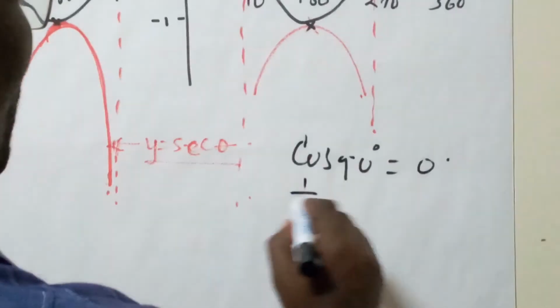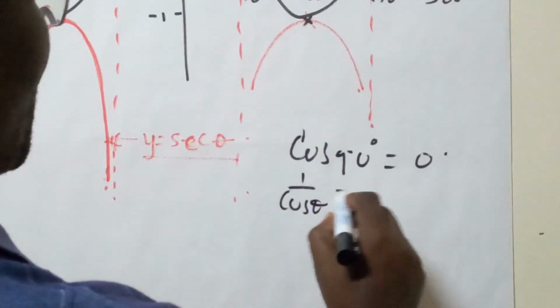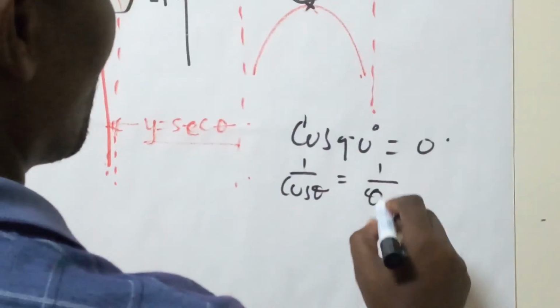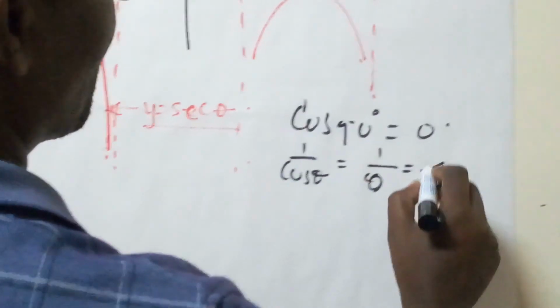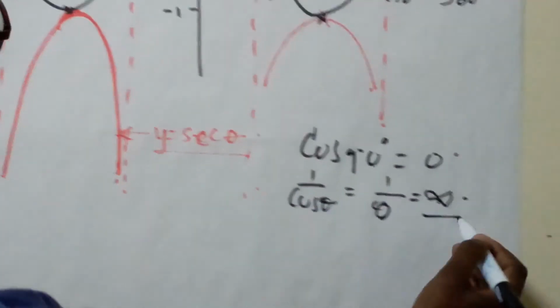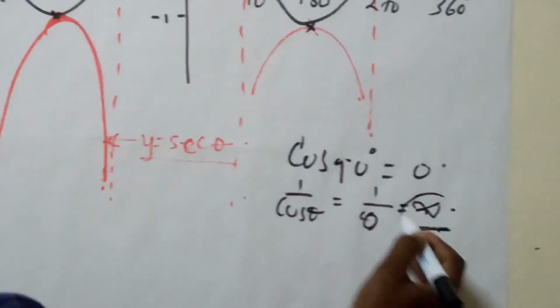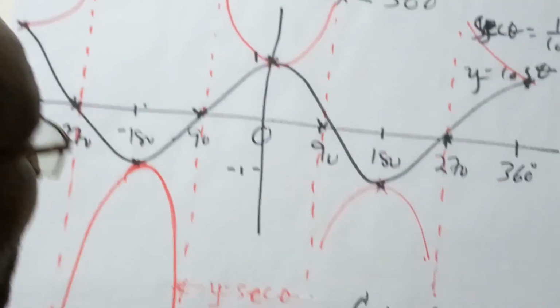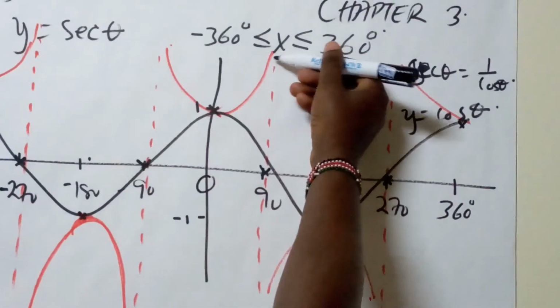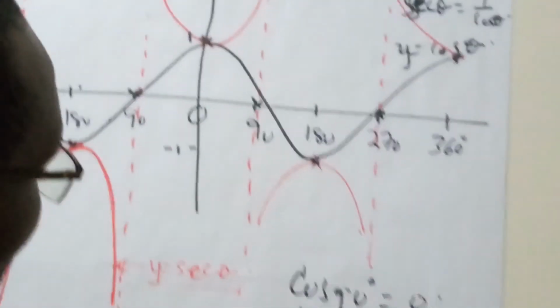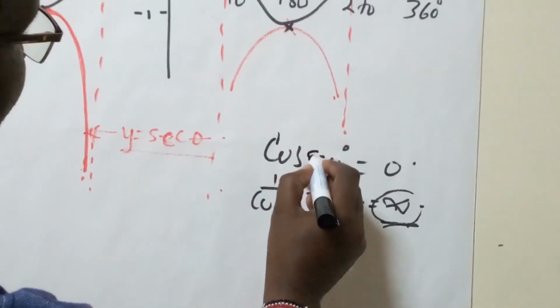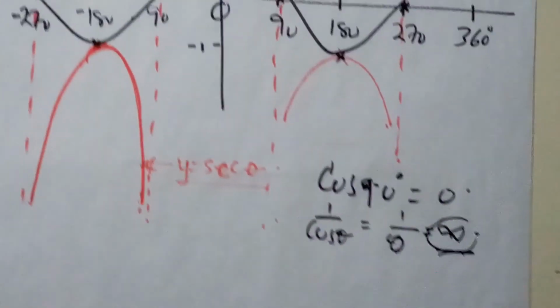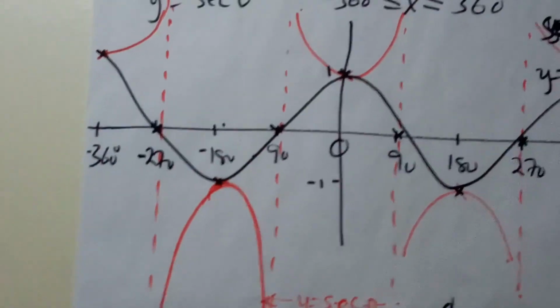Now, 1 over cosine 90, which is 1 over 0, is obviously infinity. That is why this is shown in the sketch by asymptotes, like the one along 90 degrees, which you have here as an example.